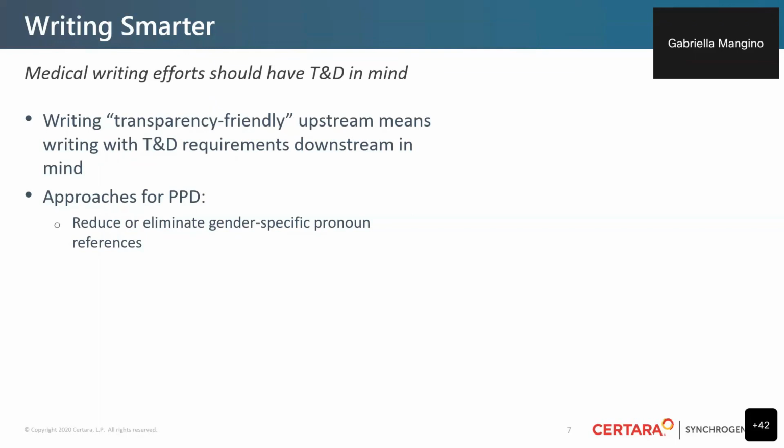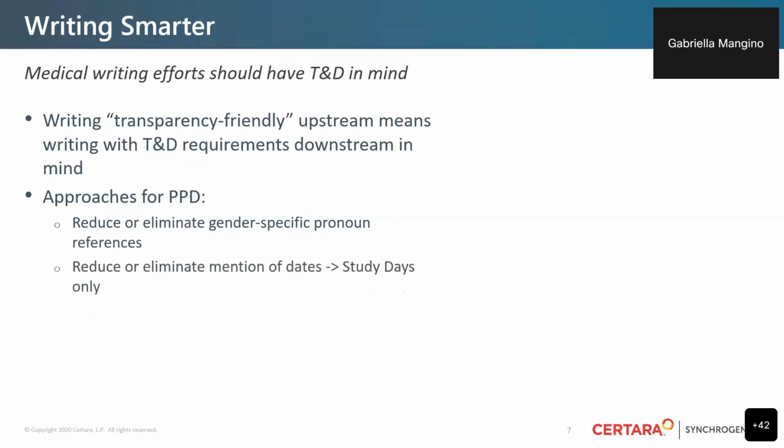So when we have not only the data field within the narrative template that reads male or female, but when we have a bunch of he's and she's throughout the narrative as well, these are all items that we need to ultimately redact throughout the document when it comes time later to rework that document. So instead now we want to have a focus on reducing or eliminating all of those gender-specific references.